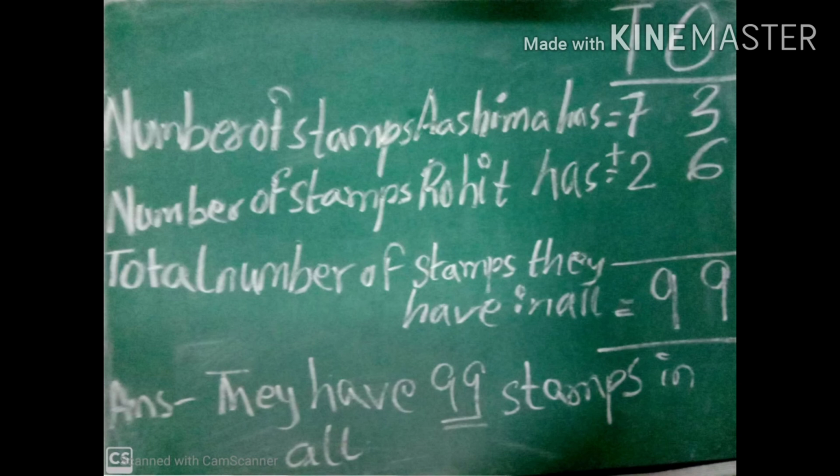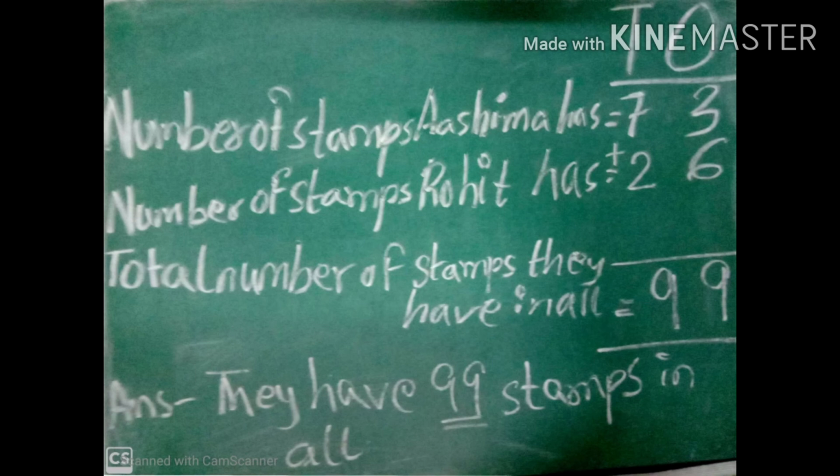What is the first step? We remember step number 1. Add the ones. That means 3 plus 6. 3 plus 6 is 9. Now step number 2 is add the tens. 7 plus 2 is 9.